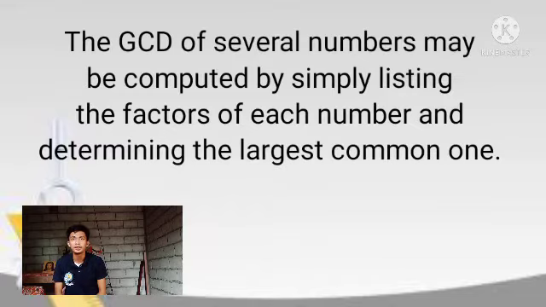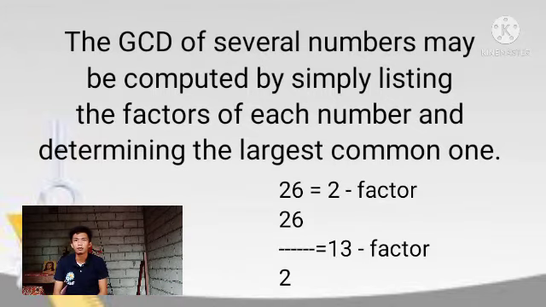In solving for the GCD, it may be conducted by simply listing the factors of each number and determining the largest one. For instance, since 2 is a factor of 26, 26 divided by 2 is equal to 13. 13 is also a factor.